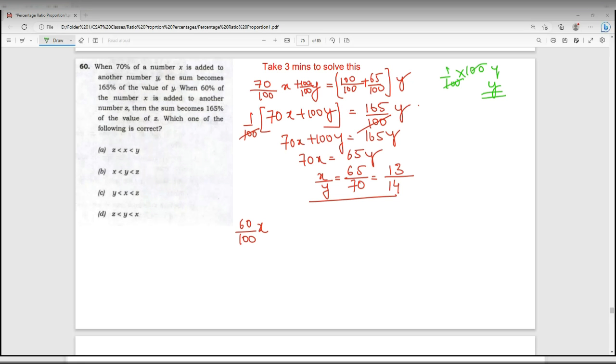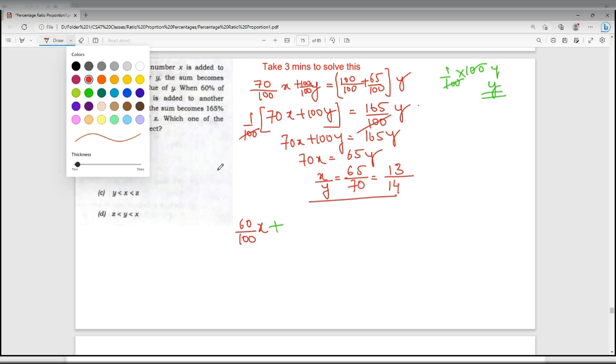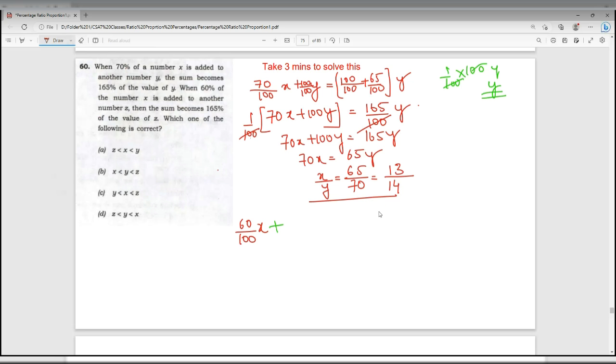If there are any other doubts in this first step that I've done, please ask, or else we'll move to the second step. The second sentence says that when 60% of the number x is added to another number z, it becomes 165% of z.